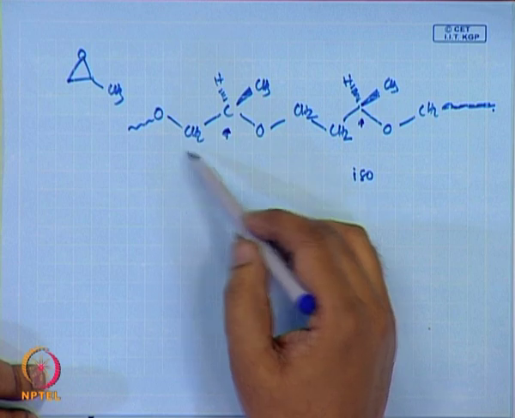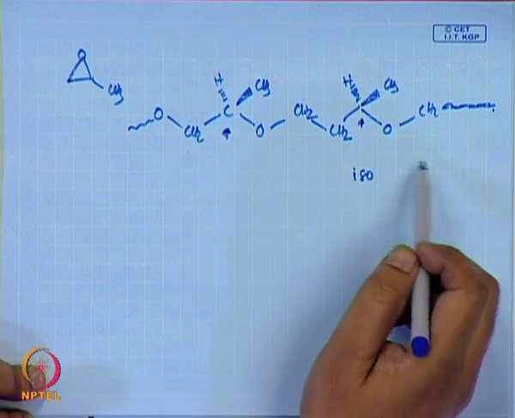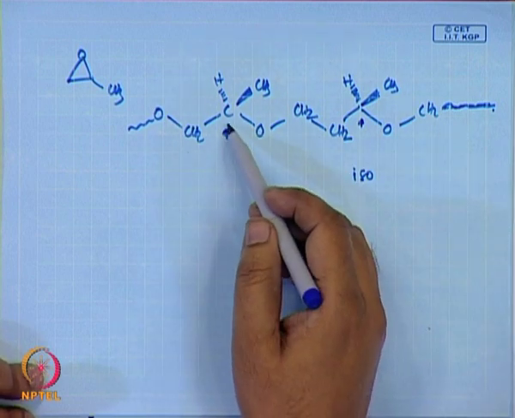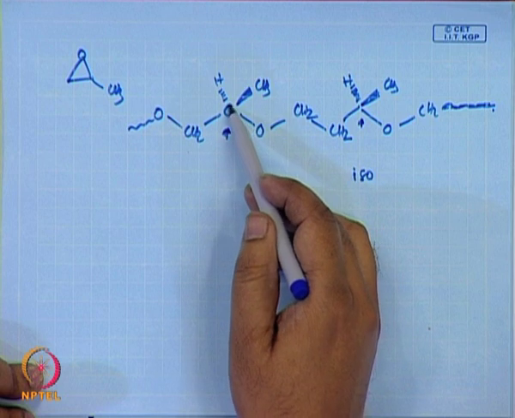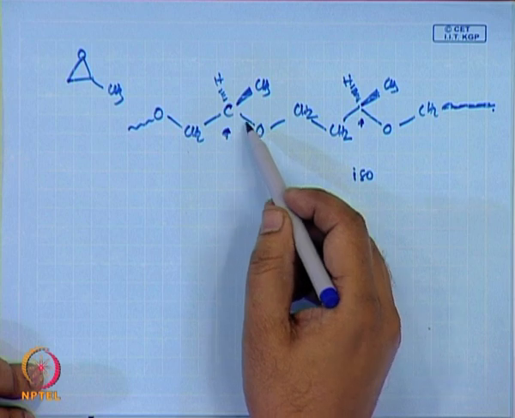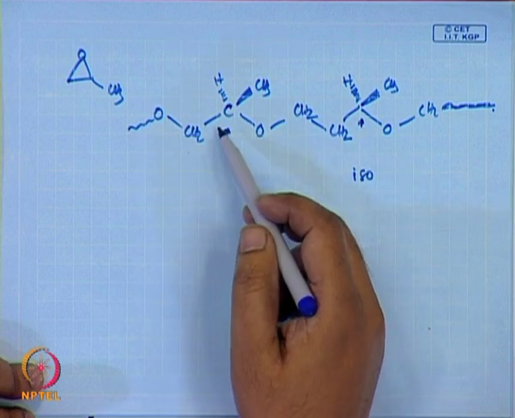Now, in this case, unlike polypropylene or other carbon chain polymers, if you consider this carbon which is asymmetric in nature, then these two polymer residues, this one and this one, are actually different in nature.